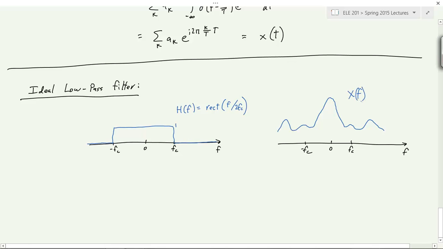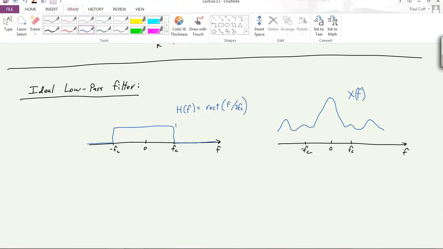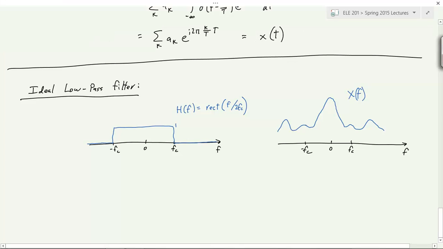This is the Fourier transform of the signal going into our low-pass filter. Then what comes out is this thing gets cut off at these frequencies, and that part disappears. So this part is the only thing that remains on the output of our low-pass filter. Everything else goes to 0. We get rid of high frequencies.